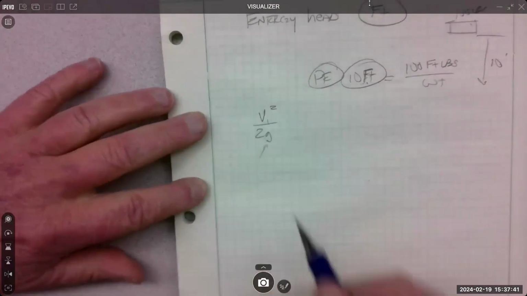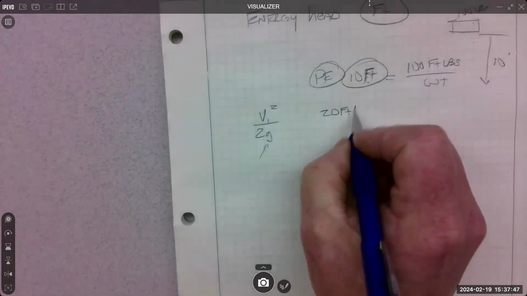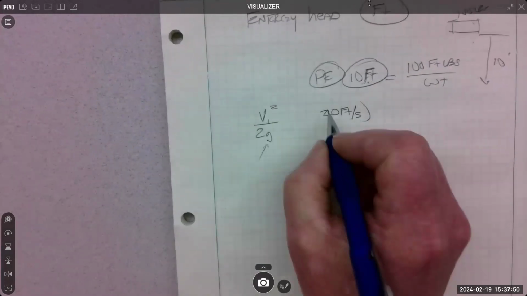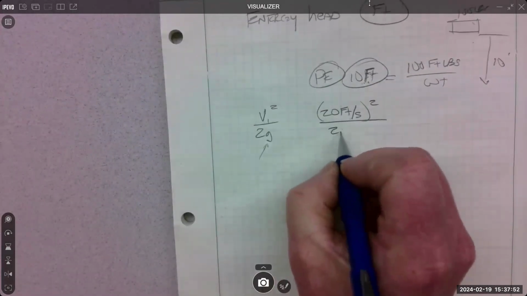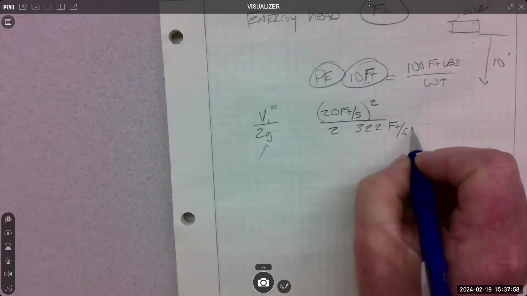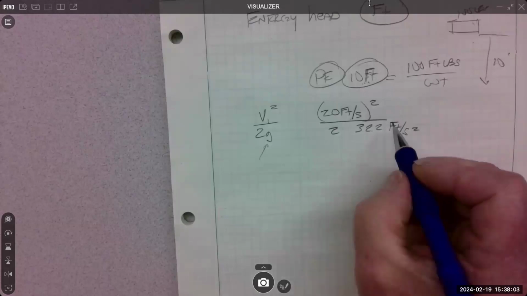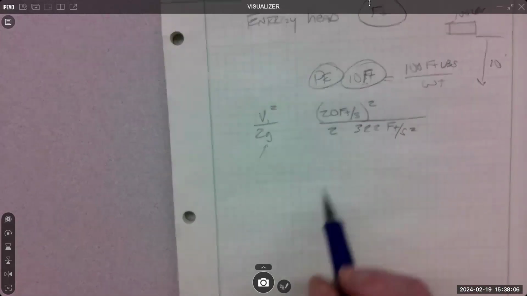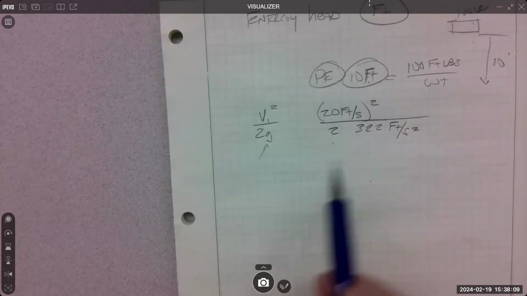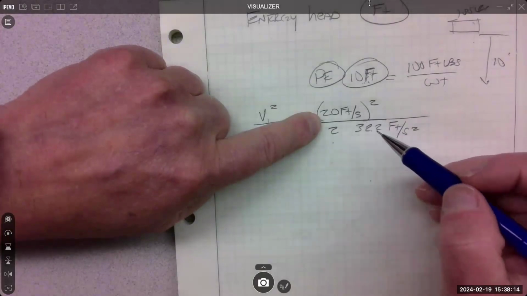All right, so let's see how this works. If we have a velocity and we want to know the energy head of it, let's say it's 20 feet per second, that's a velocity unit, and that is squared over 2 times 32.2 feet per second squared. We can get the number pretty easily: 20 divided by 2 is 10, and then divide by this, and we get a fairly small number. But let's look at the unit conversion.